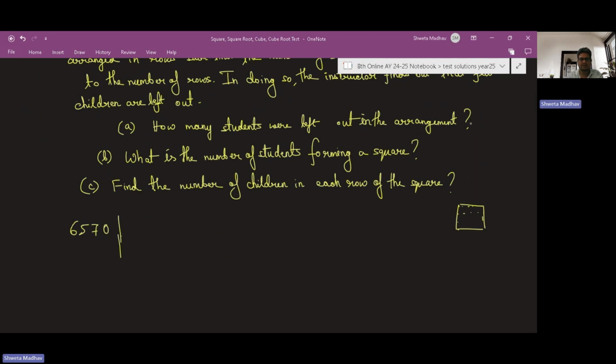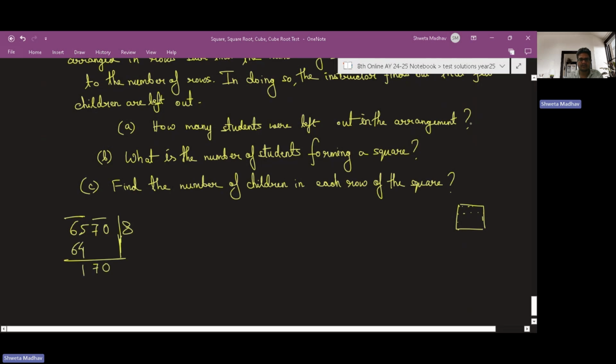Here we will take pairs from the right. Close to 65, the square number is 64. So 8 8s are 64, and then 170, and 8 2s are 16. So you can take 1 here, 161, and the remainder is 9.